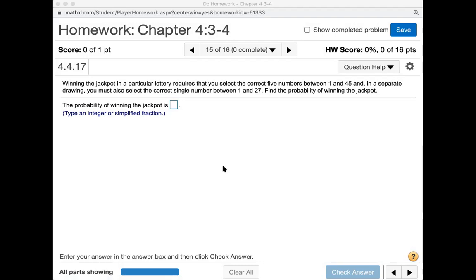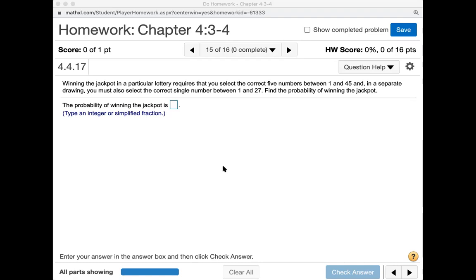Here we need to figure out whether or not order matters. When you select the sixth number in a lottery, does the order matter? No, right? So order doesn't matter.